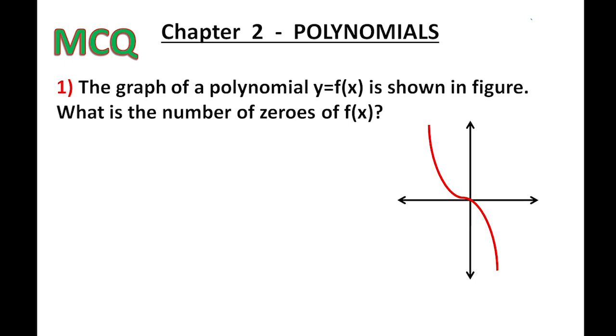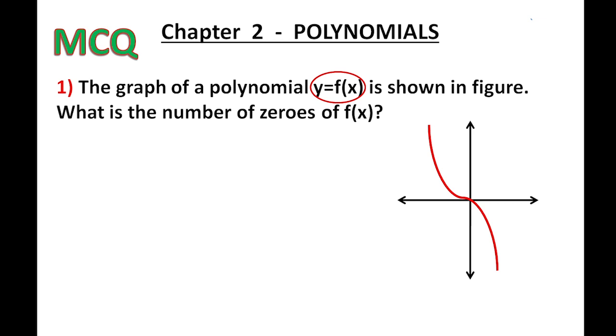Our first question is, the graph of a polynomial y equal to f of x is shown in figure. What is the number of zeros of f of x? See, the polynomial is y equal to f of x. What it means? Y equal to f of x means the polynomial is in terms of x.